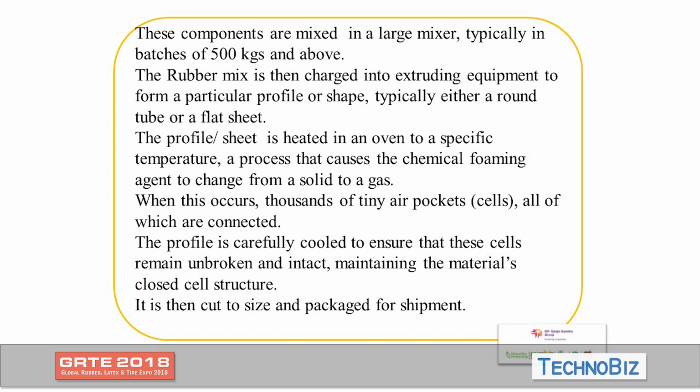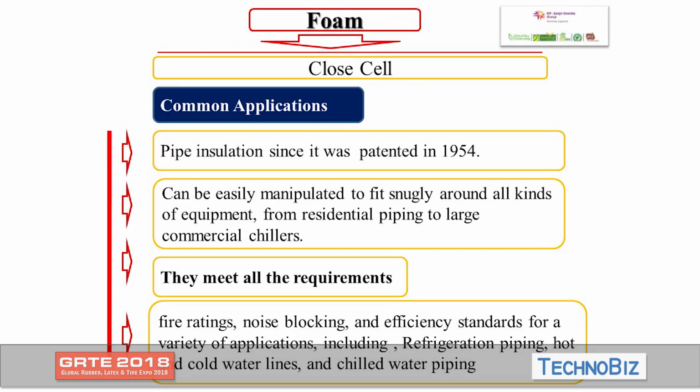Because of the heat, a chemical reaction takes place, foaming takes place, and CO2 is released, and that gas is responsible for the cell structure formed in the rubber sheet. Depending upon the dosage of the foaming agent, you can have smaller or bigger cells.